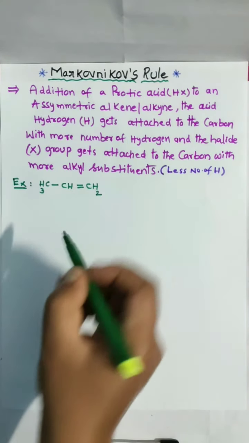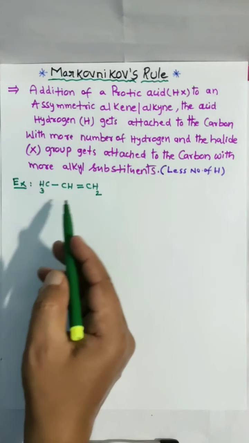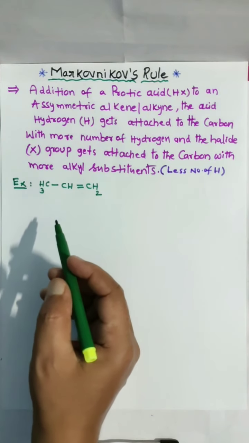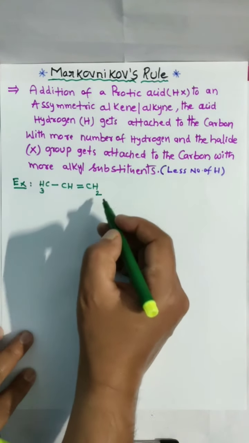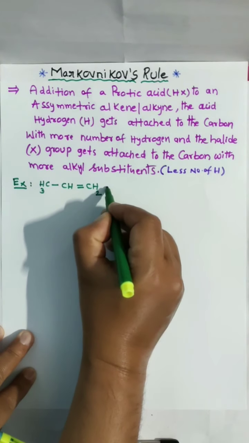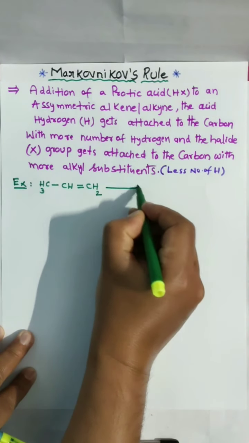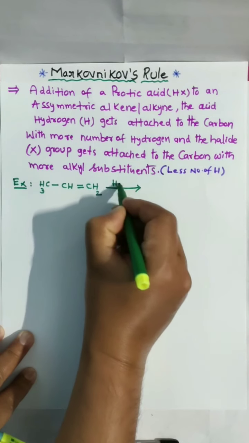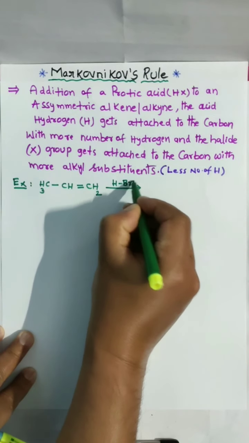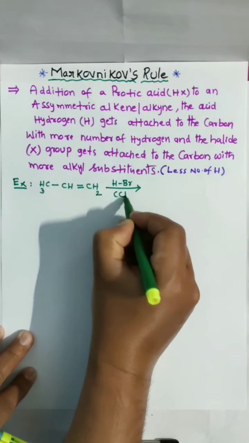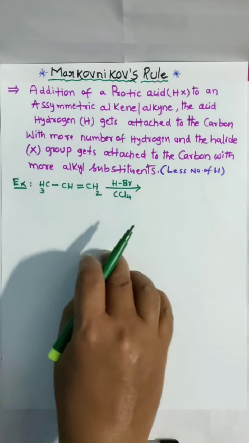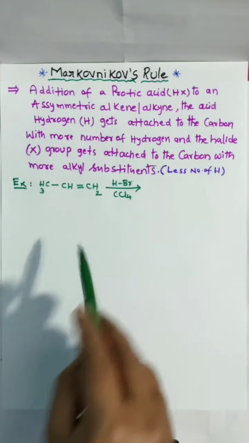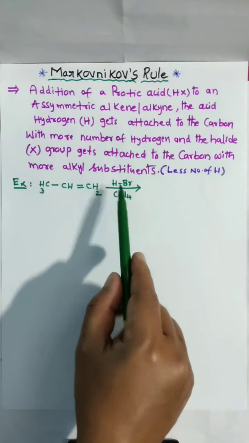This is an alkene, we call it propene. So we have to take a protic acid. Here I am taking HBr in the presence of CCl4, carbon tetrachloride. HBr, hydrogen bromide.